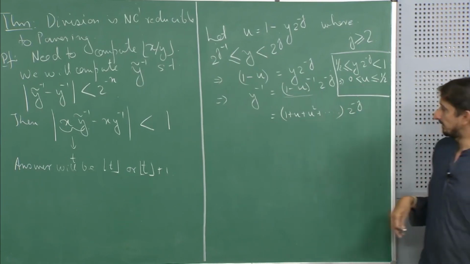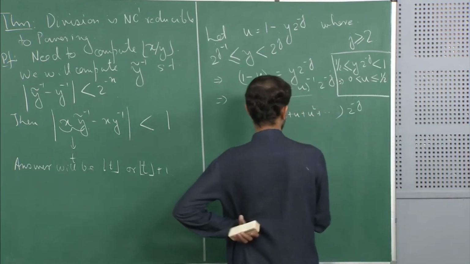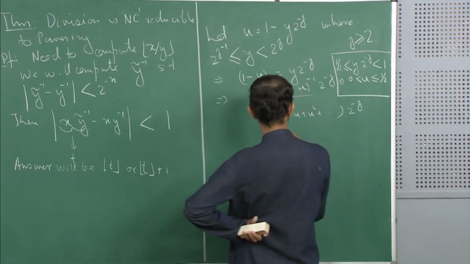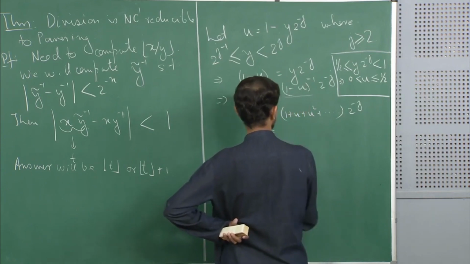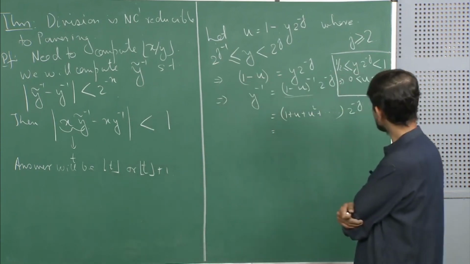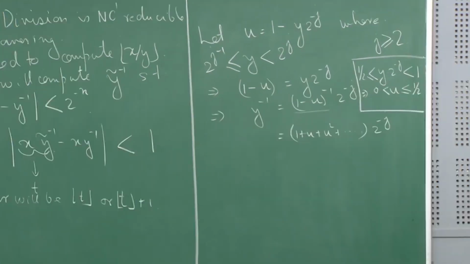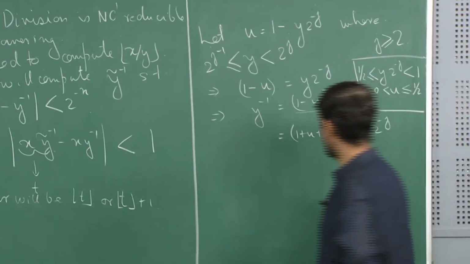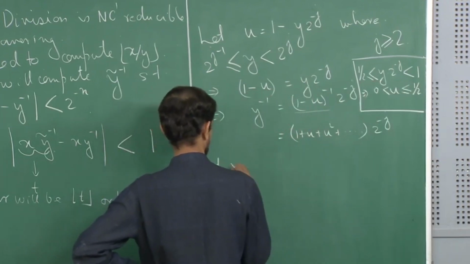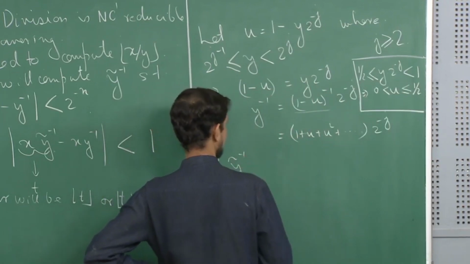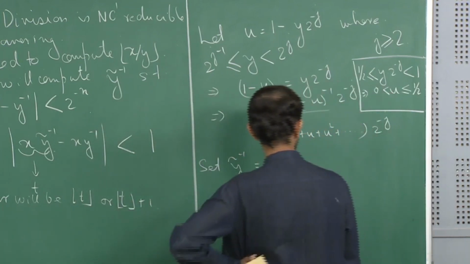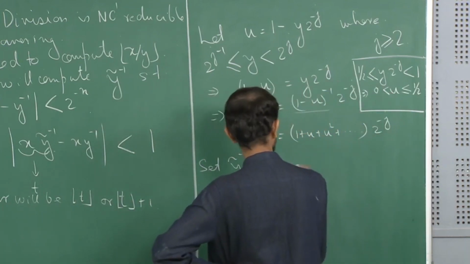So, u is less than or equal to half. So, now we can come back to this. Okay. So now what we do is that we will set y tilde inverse to be the first n terms of this series.